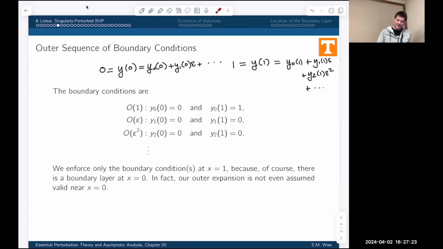So that gives us this sequence of boundary conditions. y0 at 1 is equal to 1, y1 at 1 is equal to 0, and so on. Now, these ones over here are not valid because they exist in the boundary layer. So we have to reject those as boundary conditions. So we're only going to enforce the boundary conditions at x equals 1 because the boundary layer is at x equals 0.